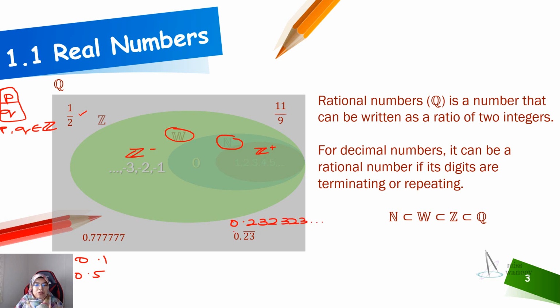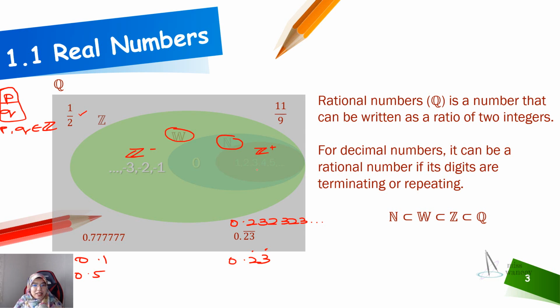If you don't want to write them down as a bar, we can also use a dot on top of them. So 0.23 with dots. It simply means the same thing. So as long as we can repeat the same digit, or we can stop the number after a few decimal places, those are called rational numbers.